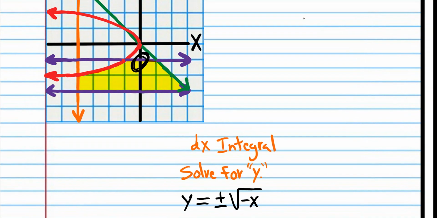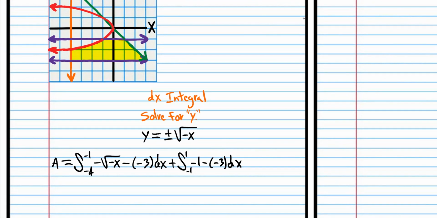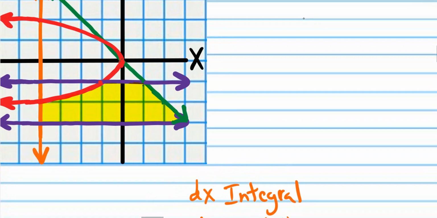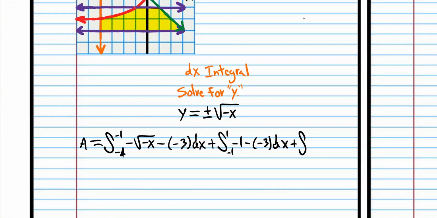Again, we're in dx integrals, we're talking about y values, so we're subtracting those y values. And they're constants because it's just horizontal lines. Then we're going to add the integral from 1 to 3, x equals 1 to x equals 3.